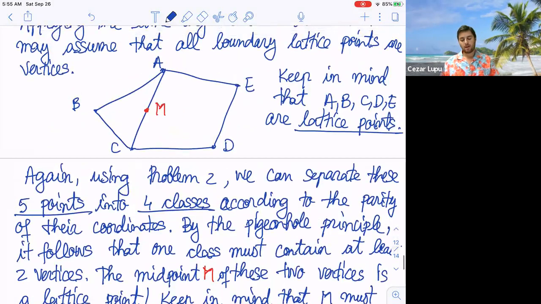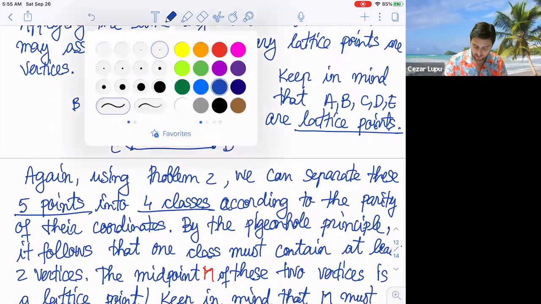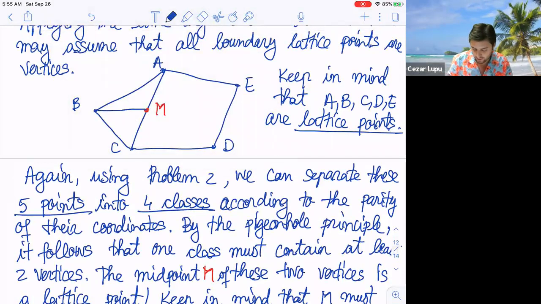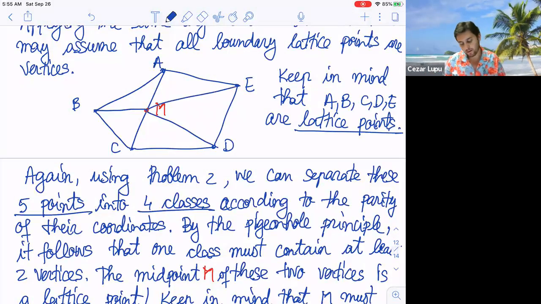All right. And now guess what I'm going to do? I'm just going to draw line segments from M to the vertices. I'm going to draw to this, to here, and also to E. Let's look. How many triangles do I have? This is the first triangle, T1. Again, here, this is T2.